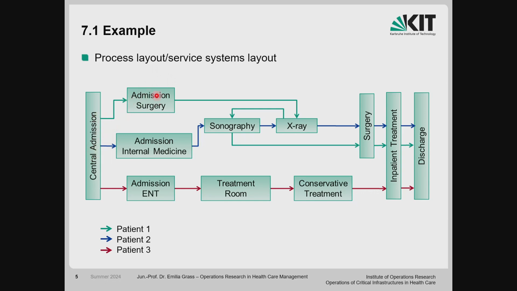You could see here that one could be admitted to a surgery, but then moved first to an X-ray and then to the actual surgery, or another one is admitted to the ear, nose, throat department, and then goes to the treatment room, conservative treatment, something like this. But every one of them is done in an inpatient treatment department and then has to be discharged. So the departments are fixed in a hospital, and the patient has to move through different departments depending on the treatment requirements.